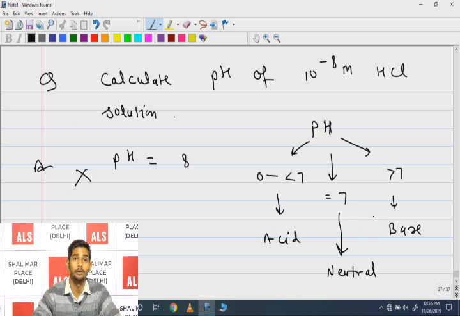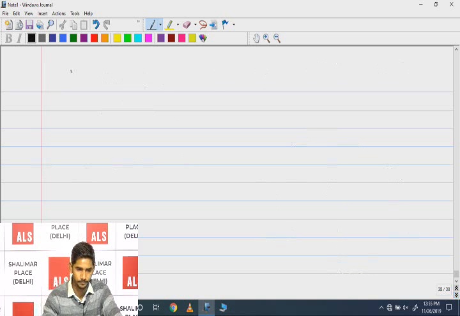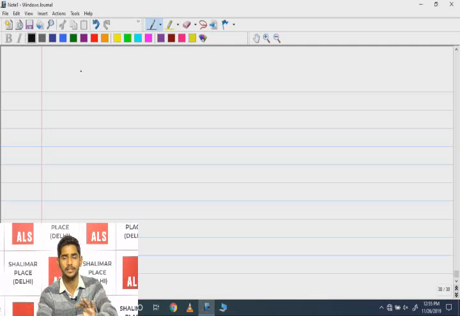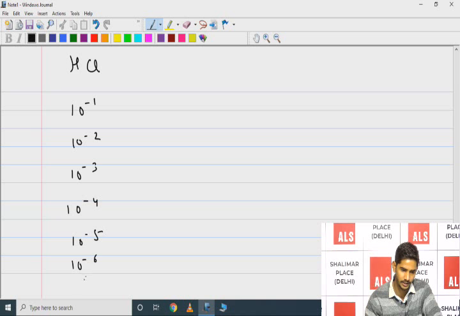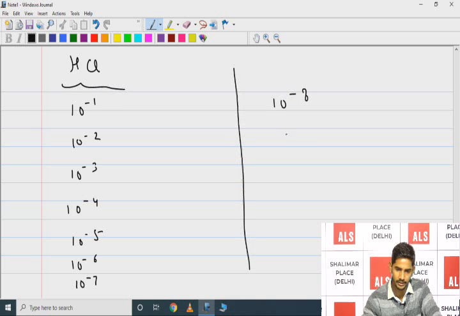Now let's find out what the correct answer is. We know that we are dissolving the acid into the water. I am telling you a table just by taking the example of HCl only. You can replace HCl by H2SO4, HNO3, H2CO3, any acid, whatever you want. For HCl, we have concentrations like 10 to the power minus 1, 10 to the power minus 2, 10 to the power minus 3, 10 to the power minus 4, 10 to the power minus 5, 10 to the power minus 6, 10 to the power minus 7, 10 to the power minus 8, 10 to the power minus 9.